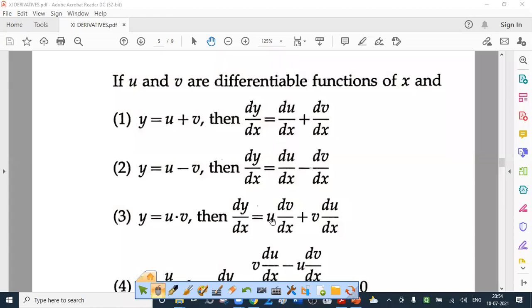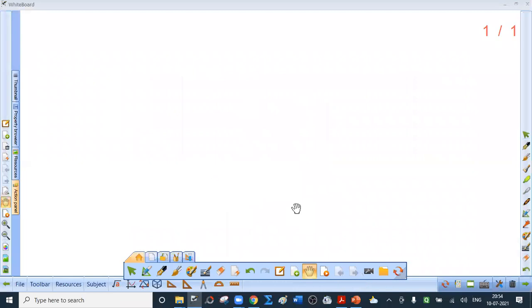See, even if you consider, you will observe on RHS that a function is multiplied by derivative of other. Every function gets chance to get differentiated. u derivative of second plus v derivative of first. Okay. I will consider one simple example.